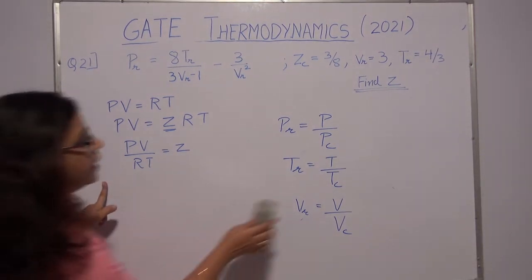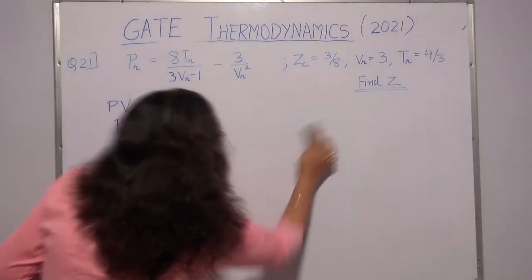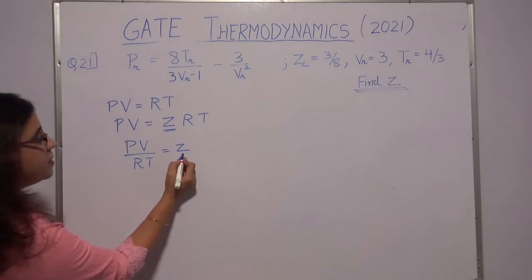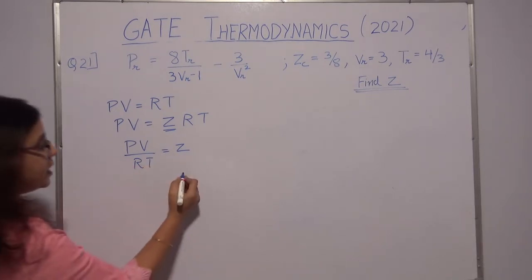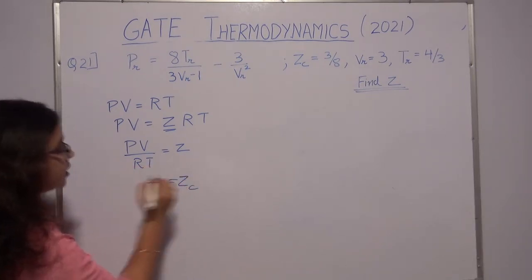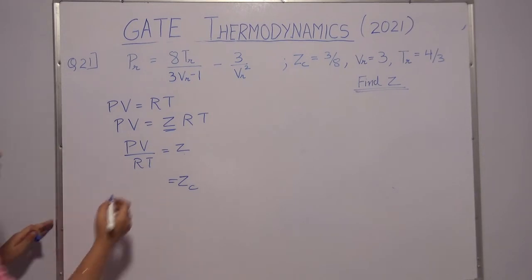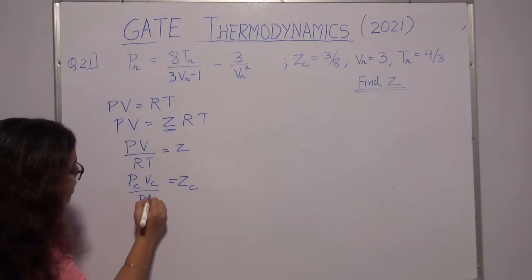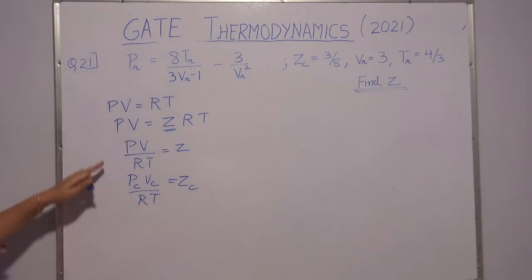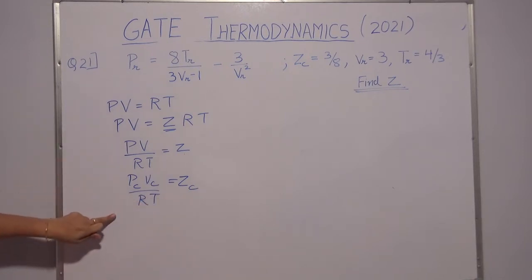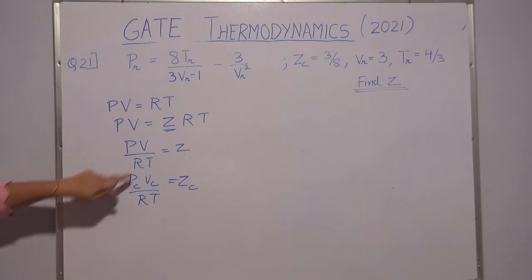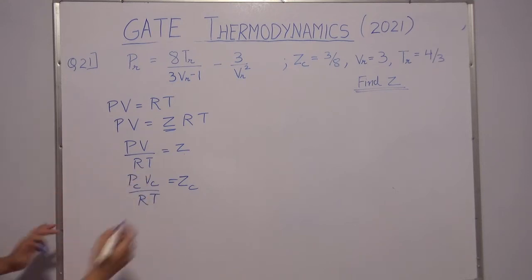Now let's say I have written this equation at some point, where my compressibility factor is Z. I can equally well write this at the critical point as well, so the equation will be P_C V_C upon R T_C. Let's divide this equation by this equation. P will get divided by P_C, V will get divided by V_C, R will get cancelled, and T will get divided by T_C.